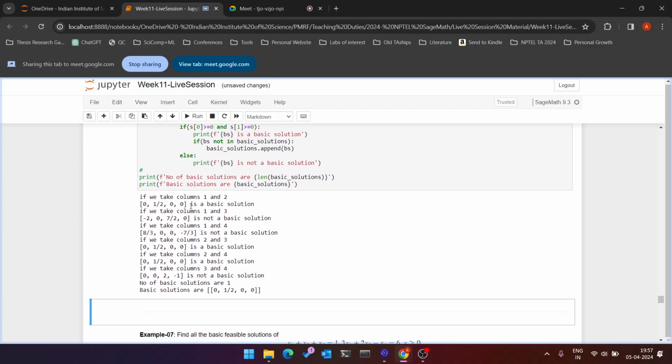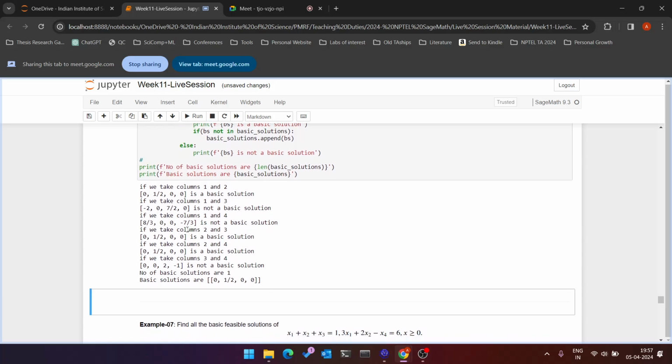So the first two columns do indeed give us a basic feasible solution. Columns 1 and 3 do not give us a feasible solution. 1 and 4 also do not give us a feasible solution. 2 and 3 give us a feasible solution, which is the same as columns 1 and 2.